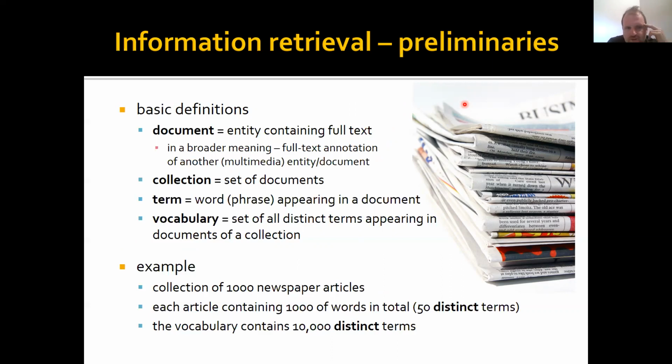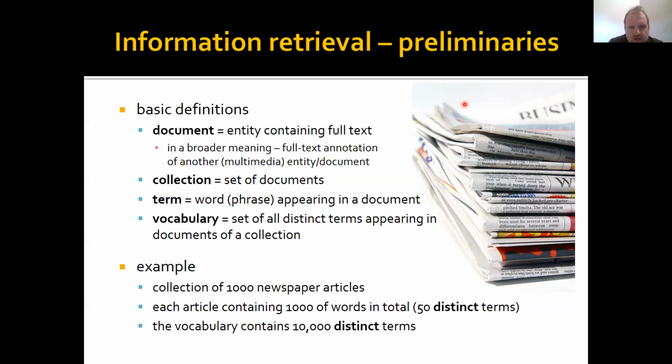a Word file or something, but it could be really a piece of text, no matter if it's stored in some file or it's just an annotation to something else. It's just a meaningful piece of text that has the structure of a textual document. So there is some natural language, and the text is not trivial like two keywords.